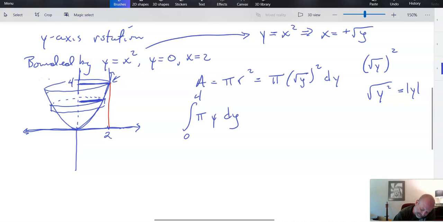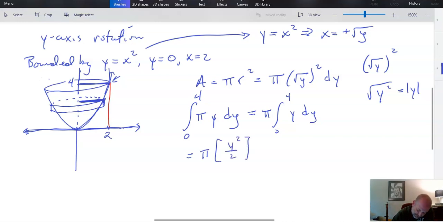Okay, so in any case, we can go ahead and compute this integral. Pi times y is the surface area of one disk times the thickness of one disk, which is my dy, and then I want to add all of them up, so that's my integral from 0 to 4. So this is now pi times the integral from 0 to 4 of y dy, which means that it is pi times y squared over 2 evaluated from 0 to 4.